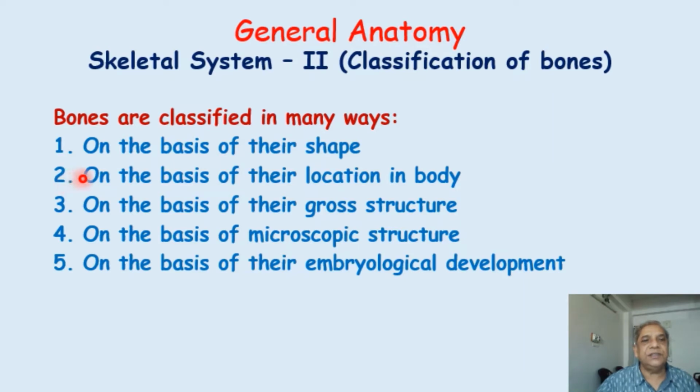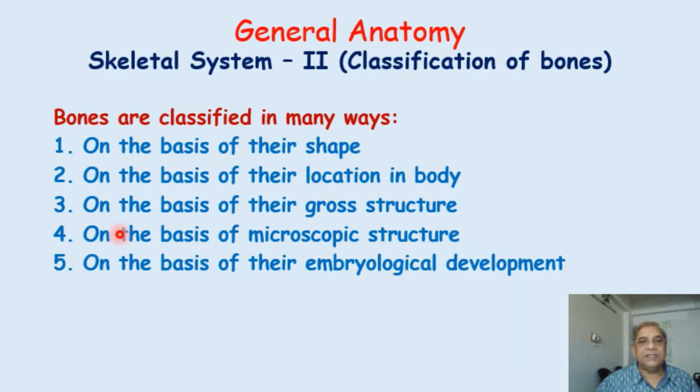Then secondly, they can also be classified on the basis of their location in the body. So where they are located, whether they are in midline or they are in the limbs. Then on the basis of their gross structure. That means when you see a bone by the naked eye, how the structure looks like, that is the classification based on their gross structure.